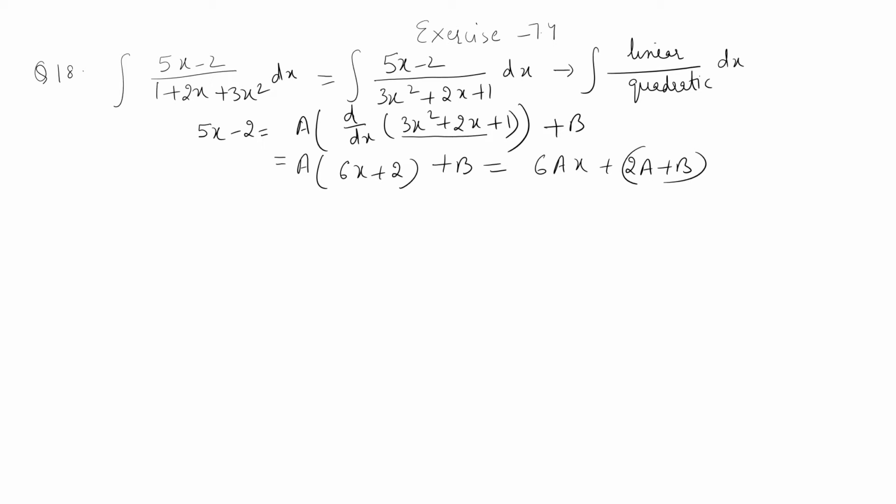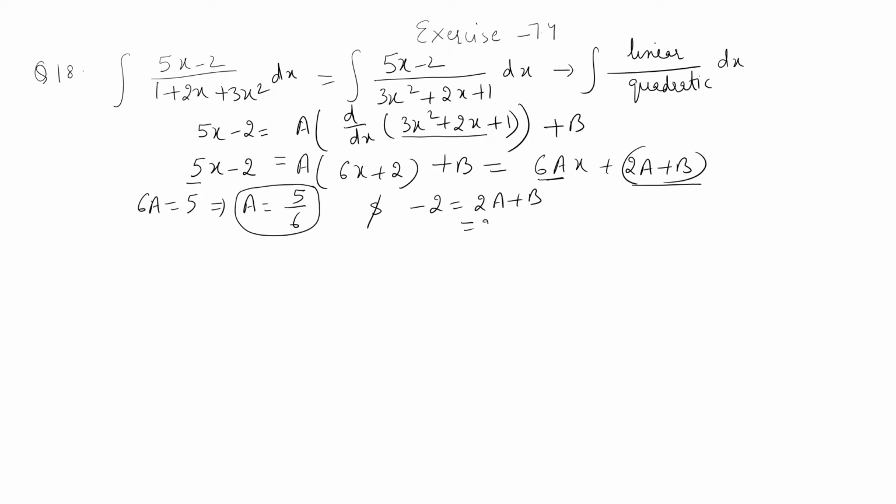This is your coefficient of x and this is the constant term, and on this side it is 5x minus 2. So I will equate the respective coefficients on both sides. I'll get 6a as 5, which implies a is 5 by 6, and minus 2 as 2a plus b.